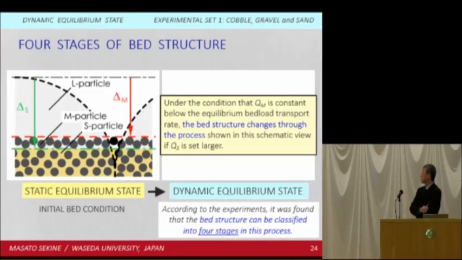Under the condition that Qm is constant below the equilibrium bed load transport rate, and if Qs is set larger and larger, the bed structure changes through the process shown in this schematic view. Please take a look at it.